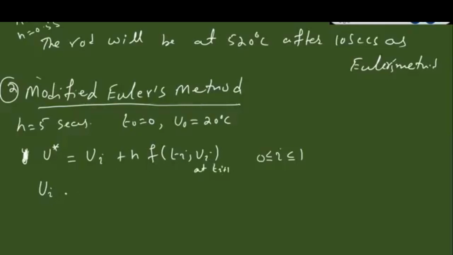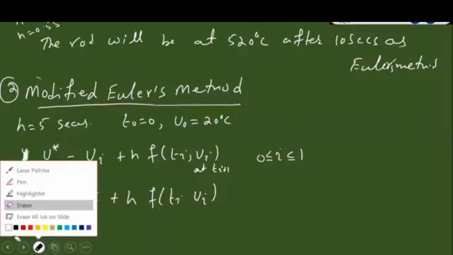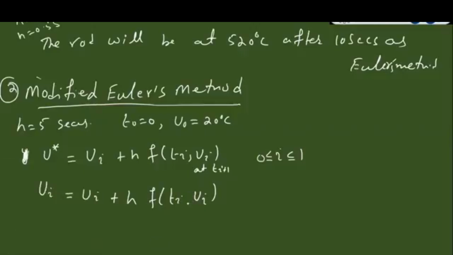Now u_{i+1} is equal to u_i plus h times f of t_i, u_i, plus, if you remember from the last lecture, f of t_{i+1}, u star, divided by 2.